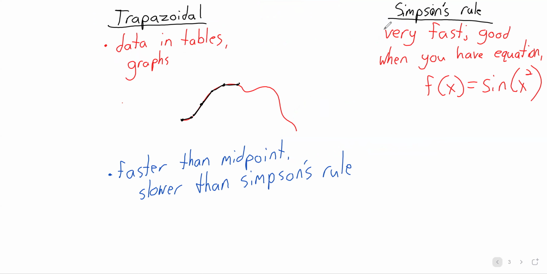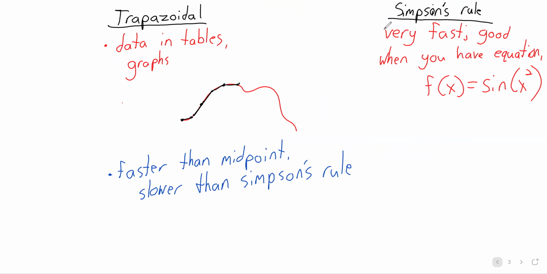And that gets reframed in terms of speed, because you need fewer rectangles to get a good result. You need to do fewer additions and fewer multiplications and fewer computations, and Simpson's rule is faster.